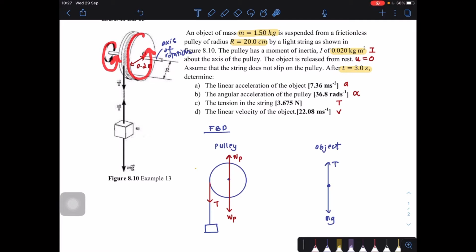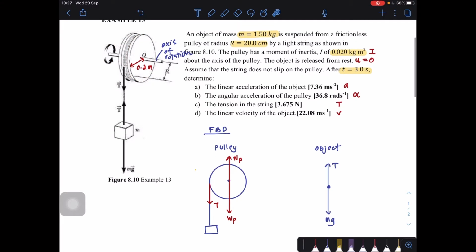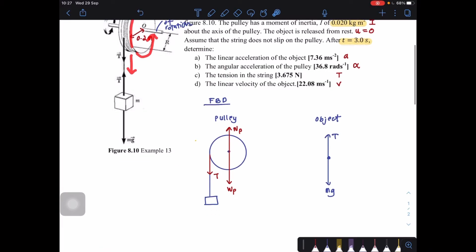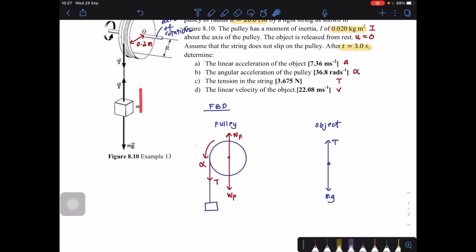This one is actually direction anti-clockwise. Maksudnya dia akan ke bawah macam ni. So tali ni akan bergerak ke bawah, and then this one like this. So it will be anti-clockwise. So this is the direction for the alpha. So maksudnya juga untuk objek dia akan ke bawah. So acceleration dekat sini ke bawah. So here anti-clockwise.